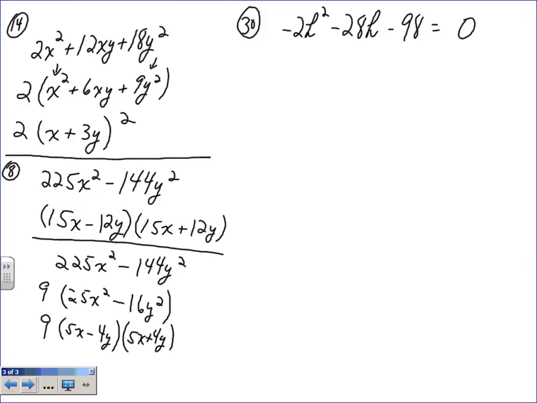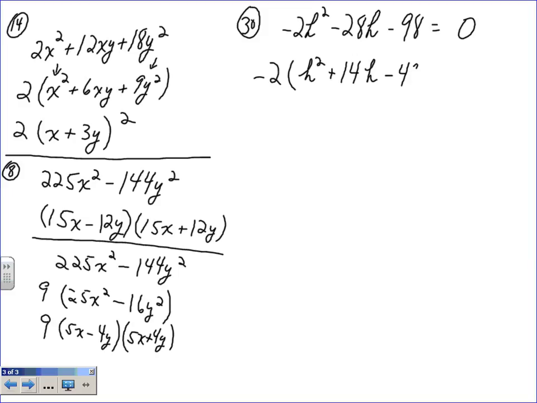When you have a negative, we want to factor that out. When it starts with a negative, right? And what else do they have in common, Kristen? Yeah, they're all divisible by 2, so we're going to factor out a negative 2. Make sense? Now I'm going to have h squared minus 14h minus 40.